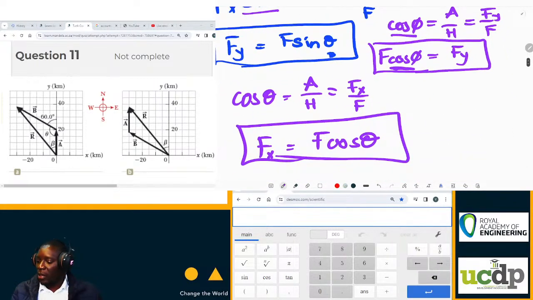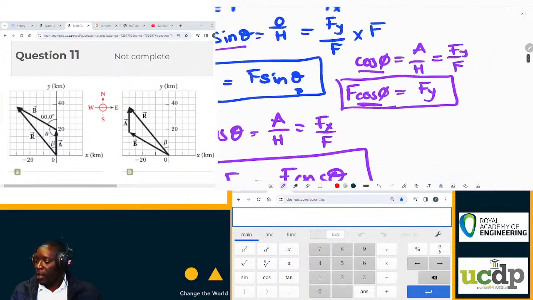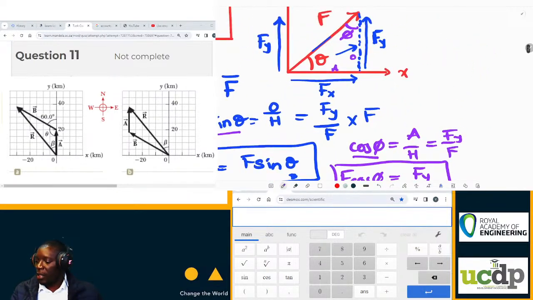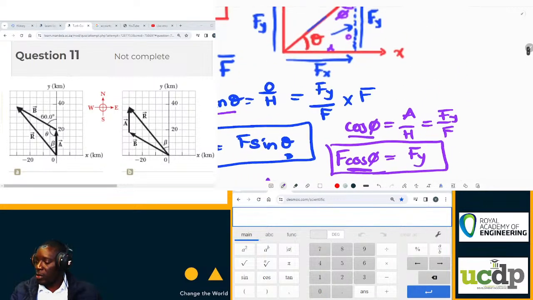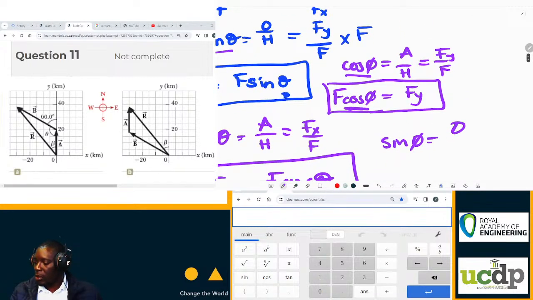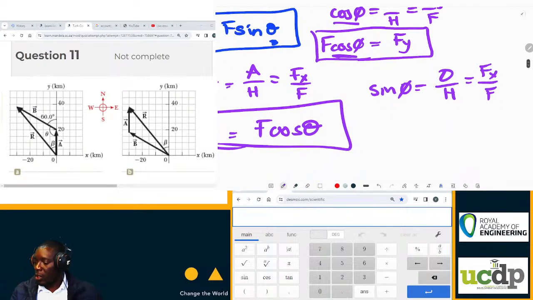So the same applies for phi. In this case, sine phi is, sorry, opposite over hypotenuse, which is the Fx over F. So this leads us to Fx equals F sine phi.